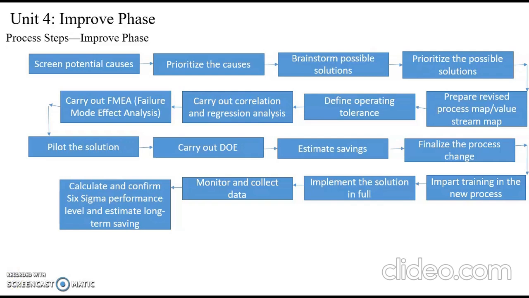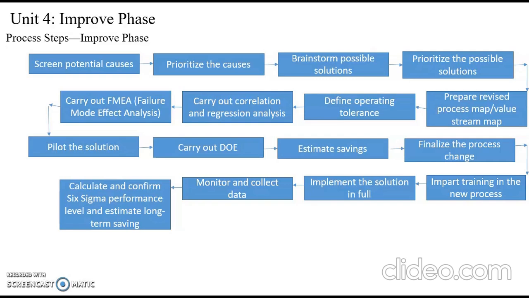And the next step is to impart training in the new processes. Here, before implementing the full solution, it is very necessary to train the persons involved in the implementation of the revised process. If the personnel are not trained prior to the implementation, it is likely to create a lot of confusion in the operations.